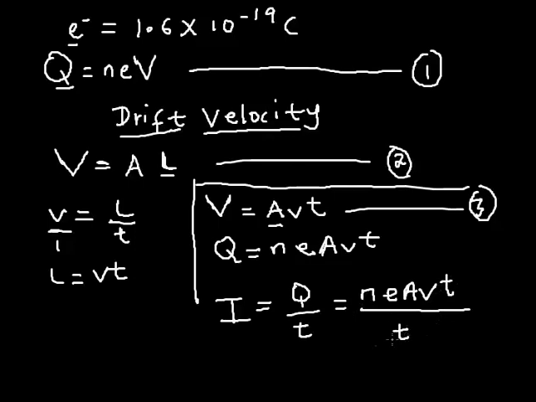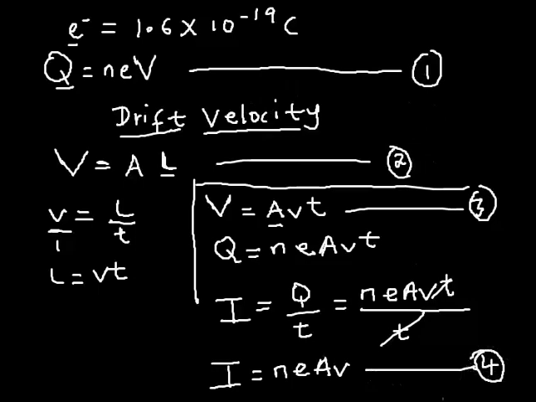Time cancels time, so another way of expressing electric current is N, the number of electrons, times the charge of one electron, multiplied by the area of the conductor, times the drift velocity. You can call this equation 4 or whatever, just number the equations.